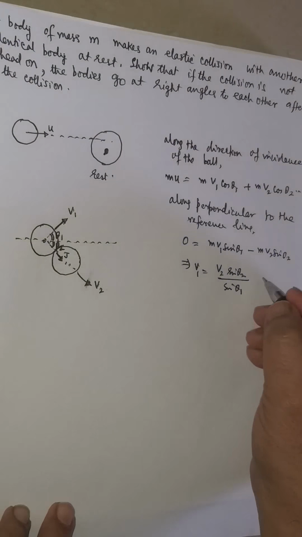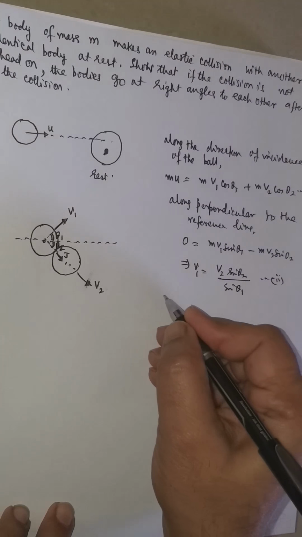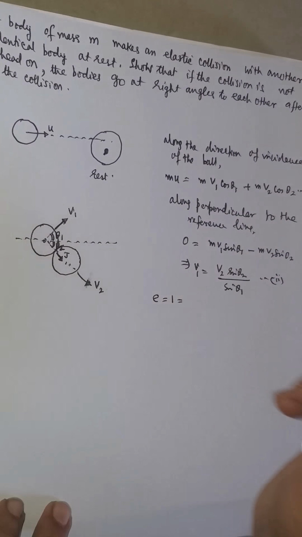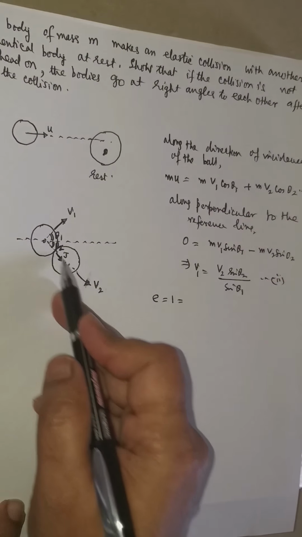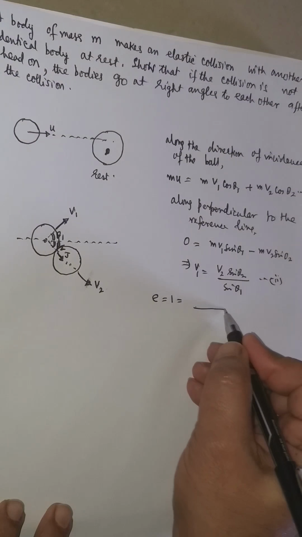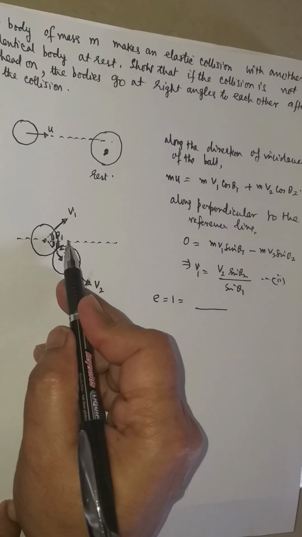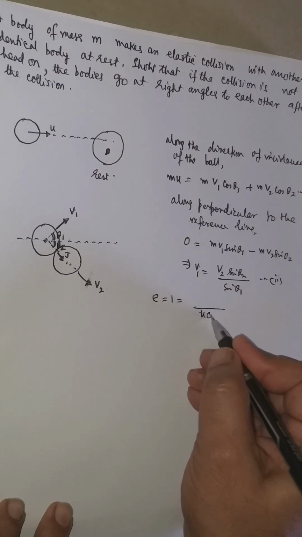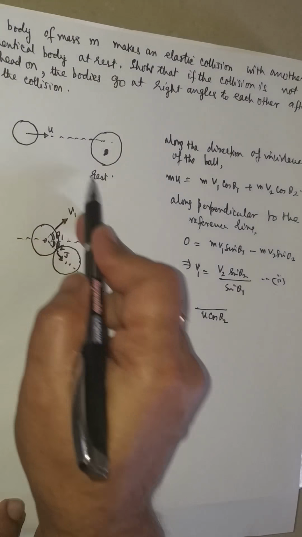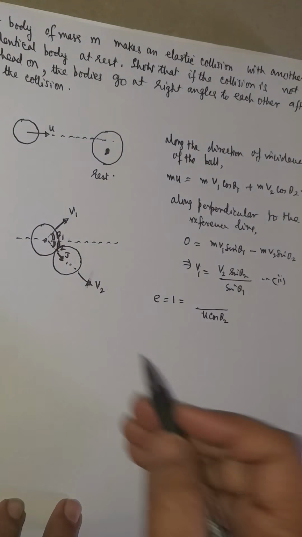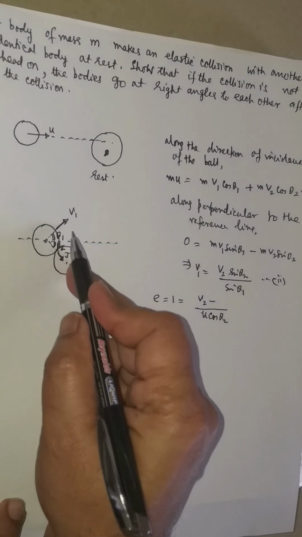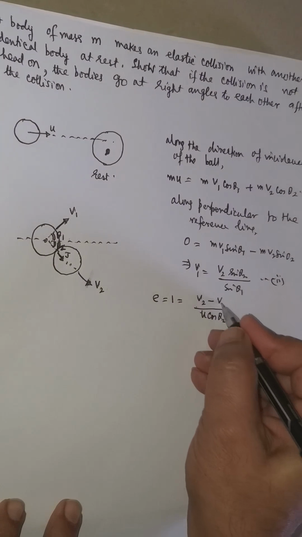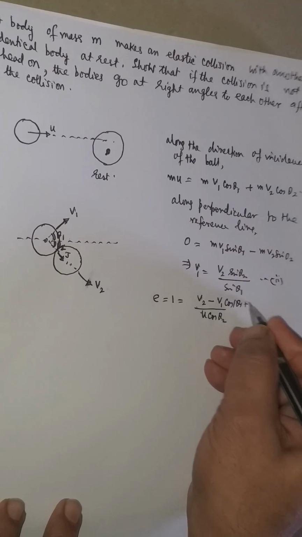And another one, let's take it second, the coefficient of restitution, which is 1. The coefficient of restitution is always along the common normal. So the relative velocity of approach will be u cos theta 2 just before collision along the common normal, and the relative velocity of separation along the common normal will be v2 minus v1 cos theta 1 plus theta 2.